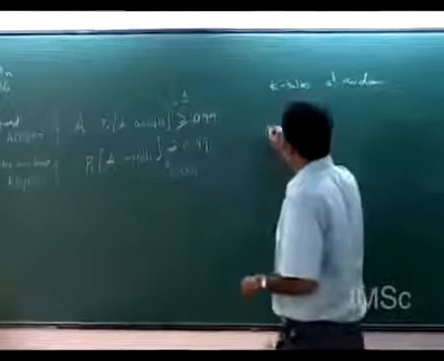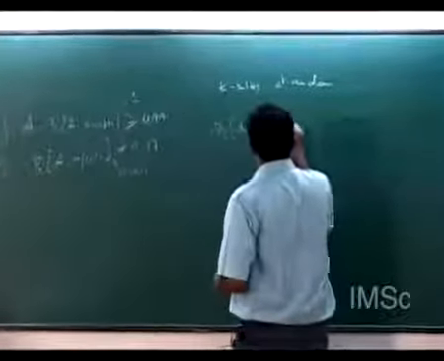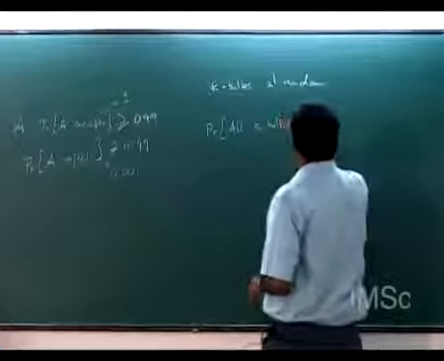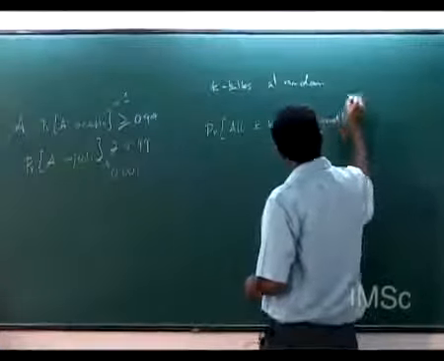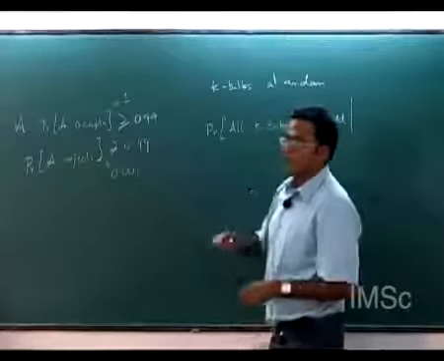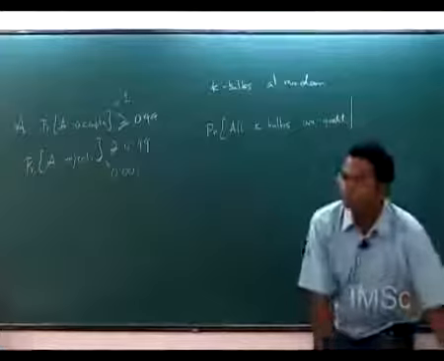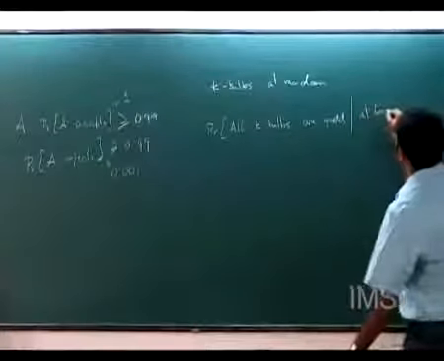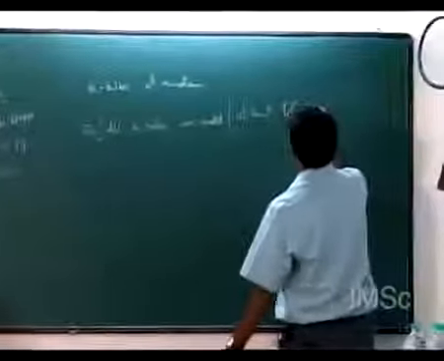So what is the probability that all k bulbs, which are all random bulbs by the way, are good under the condition that at least 1% of the bulbs are bad?